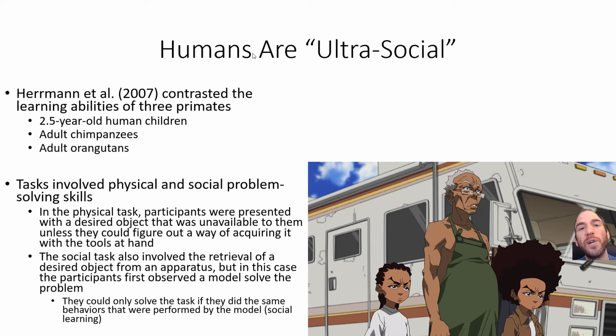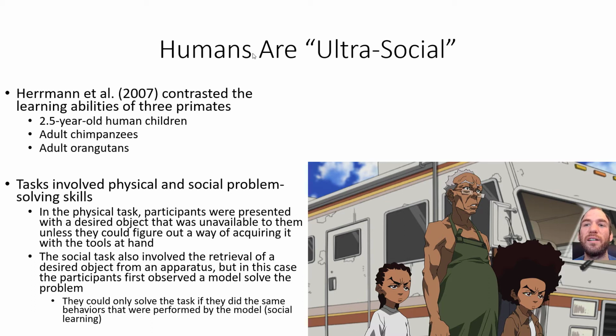And the only way you can reach that desired object is by using the tool in the exact way that the demonstration illustrated. Then we look at how these three groups perform on the physical task and the social task, measuring the degree to which social relationships matter in learning in this kind of novel task scenario.